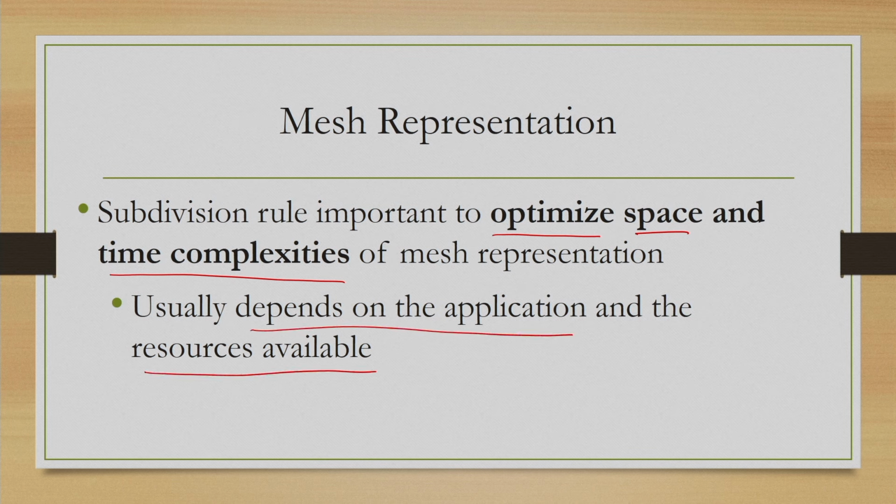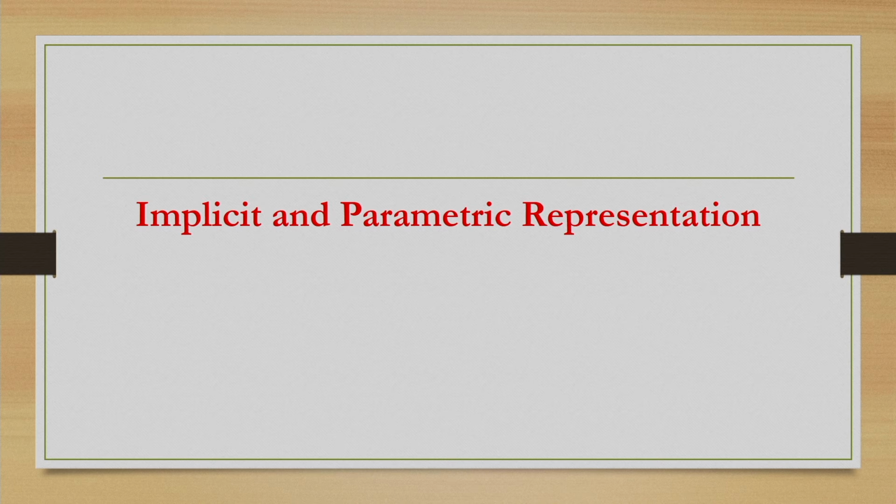Depending on the resources and on what we need to render, we can choose the right value for the number of subdivisions required as well as the number of polygons we are going to use to approximate a surface with a mesh. That is about mesh representation.